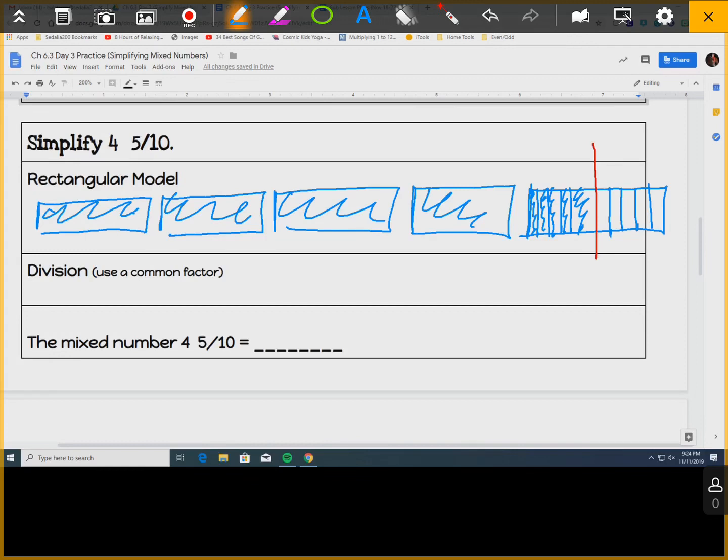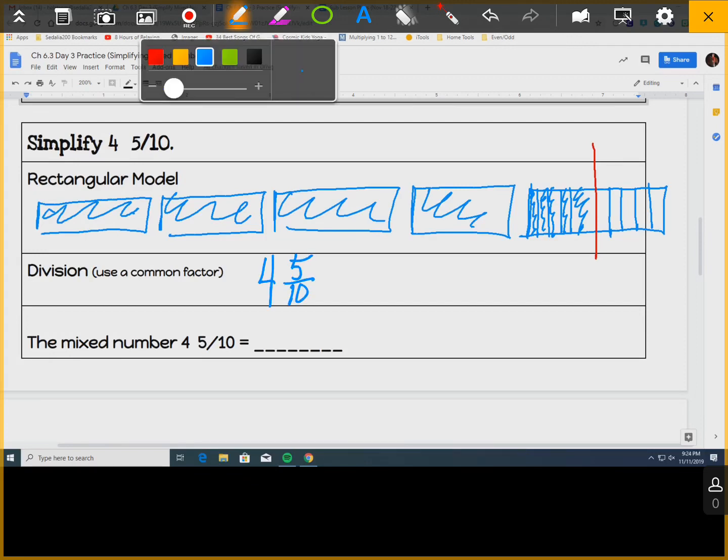Now, thinking about the division and relating that to my model, I'm thinking, what can I divide by that I can divide 5 by and divide 10 by? Well, in my model, I see that I could make groups of 5.